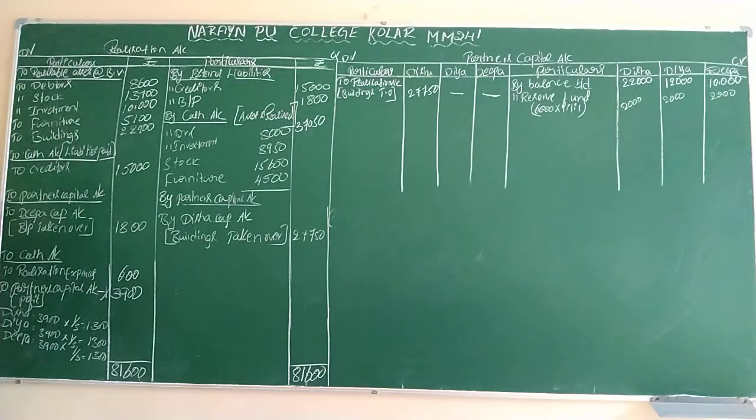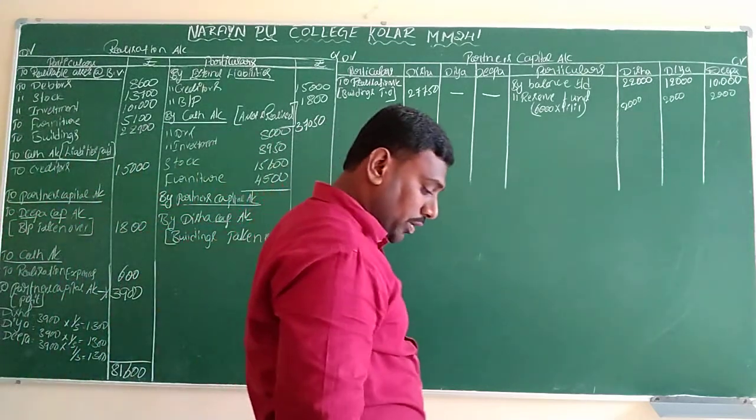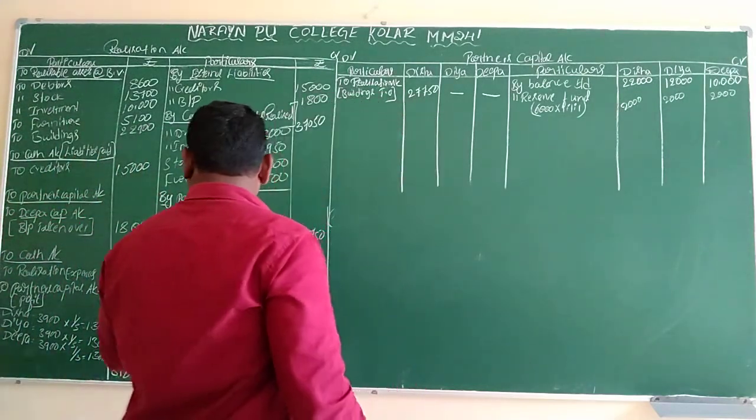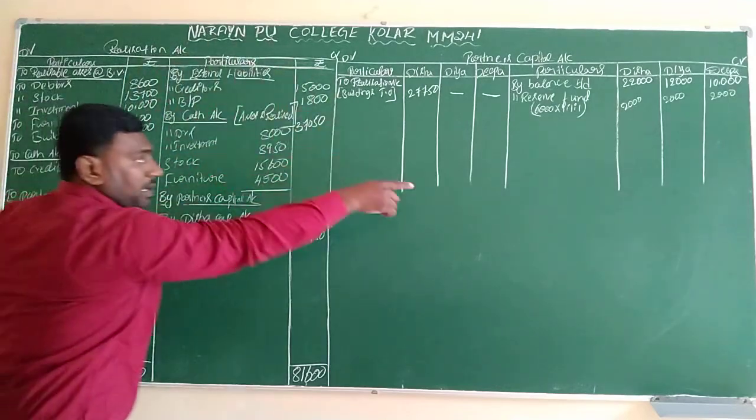Let's come to step number 6. Again we have to use the term partner's capital account. Go to Deepa capital account. What will she take over? Bills payable will be taken over by Deepa. Where do we get this value from? The previous account has it on the debit side, so it will come to the credit side of the next account.